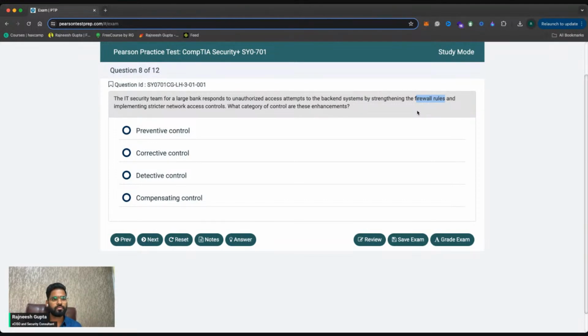If you are familiar with it, a firewall works on a preventive basis. A firewall creates a rule and stops something from getting into the network. If you have created a rule to block certain traffic, it will be blocked. It will not let it go into the network. That's where it becomes very helpful, and that's the reason, because there's a firewall, it should be a preventive control. Everyone agree? Just say agree in the chat.